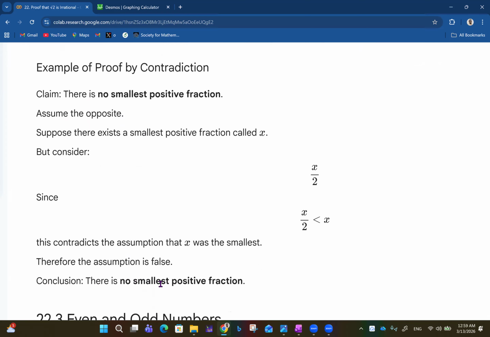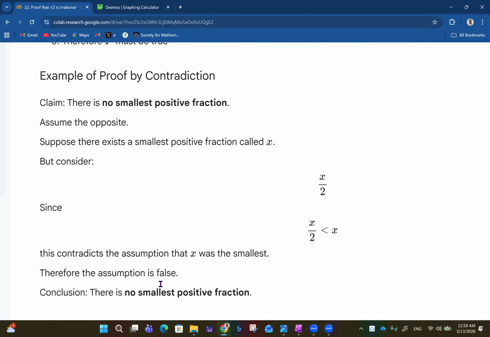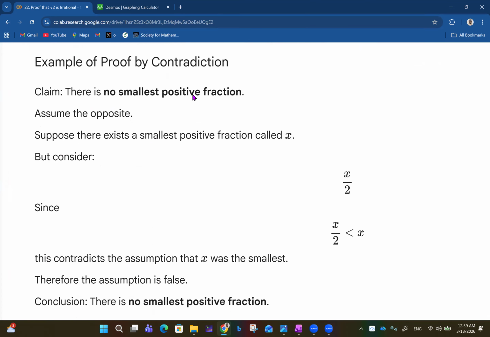So an example of proof by contradiction will be things like this. You have a claim that there's no smallest positive fraction. So assume the opposite. Suppose there exists a smallest positive fraction called x. But consider x over 2. Since x over 2 is less than x, this contradicts the assumption that x was the smallest.